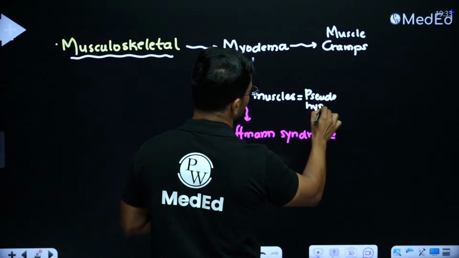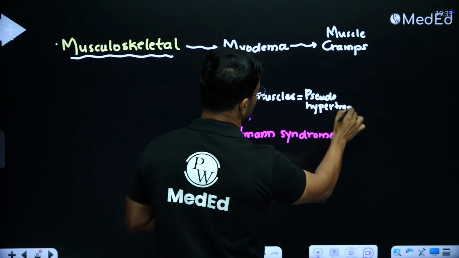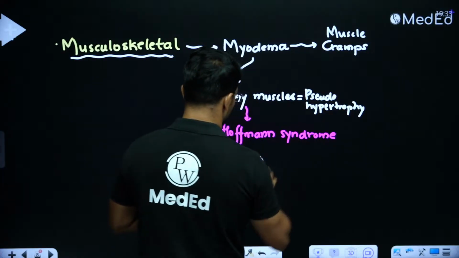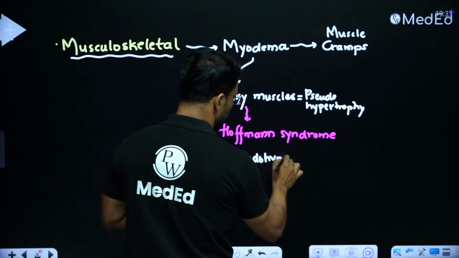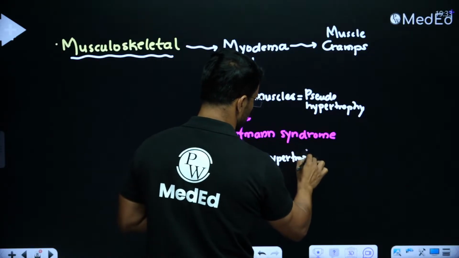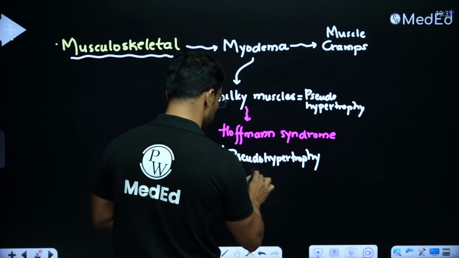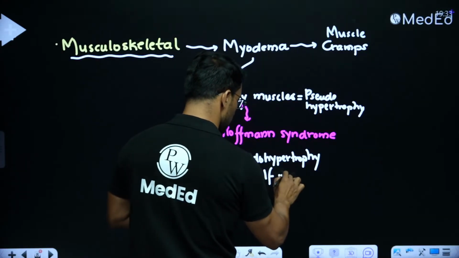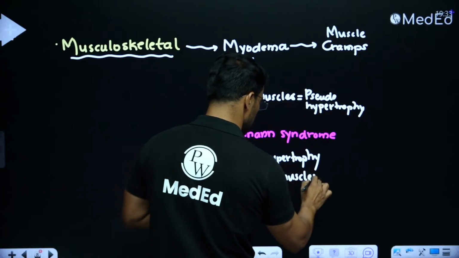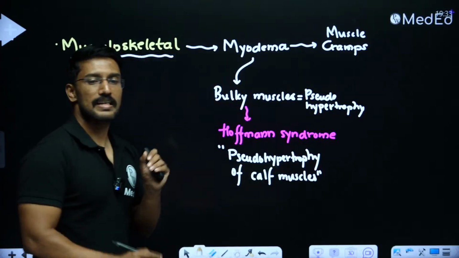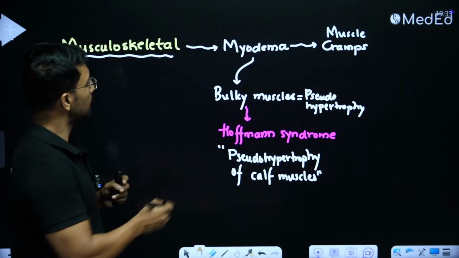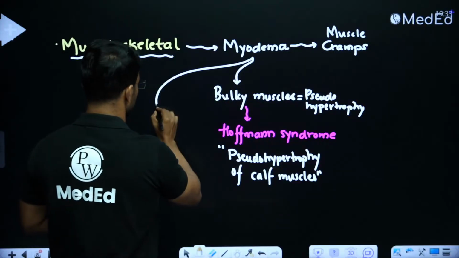The muscle looks bulky because of myoedema, muscle edema. So pseudohypertrophy of calf muscles is called Hoffman's syndrome.